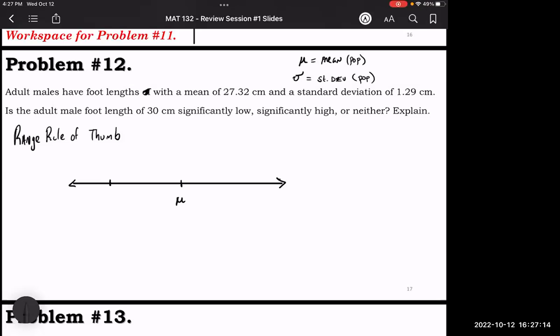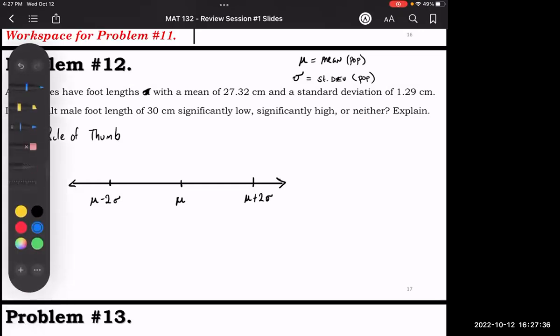There's 2 values that separate significant versus not significant. The way that we get those 2 values is by first taking the mean minus 2 times the standard deviation. And then we take the mean again, and we add 2 times the standard deviation. Again, that little symbol that looks like a cherry is the standard deviation for the population. The U is the mean for a population. So the values considered not significant are anything inside of the range in between the 2 values.